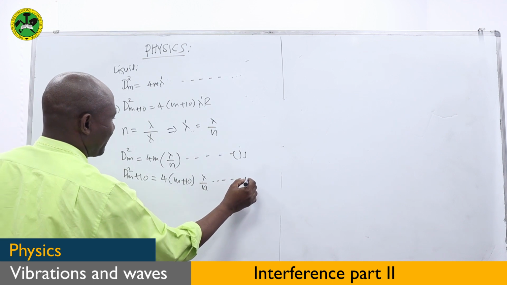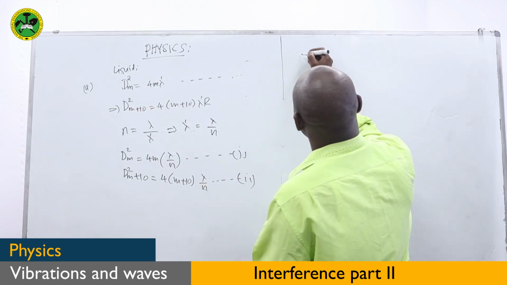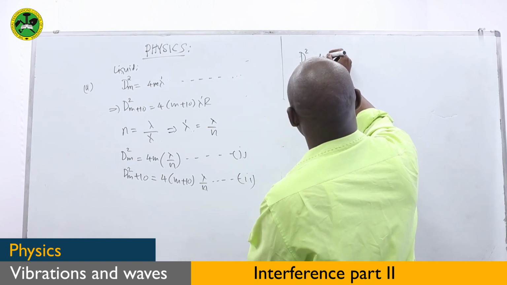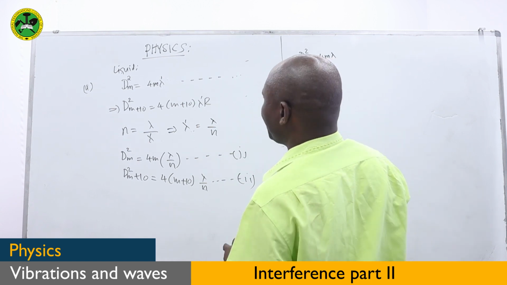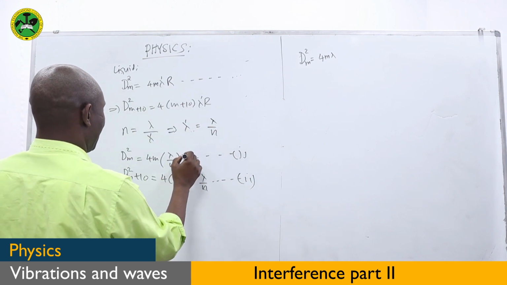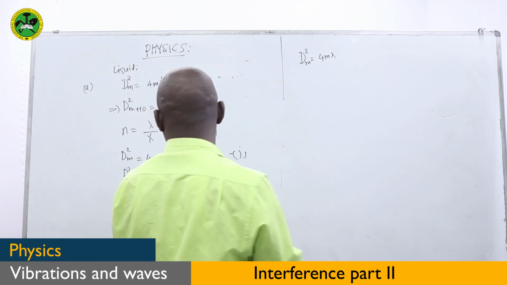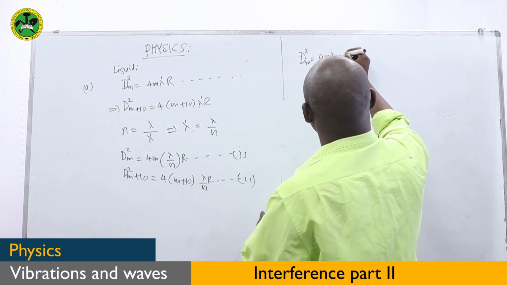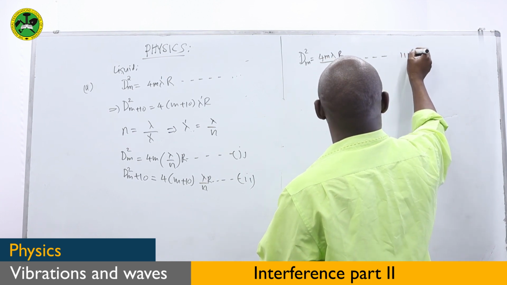That is number 2. Simplifying the equations, if you open equation number 1, we have D(m) squared equals 4mλR over n. Number 3.